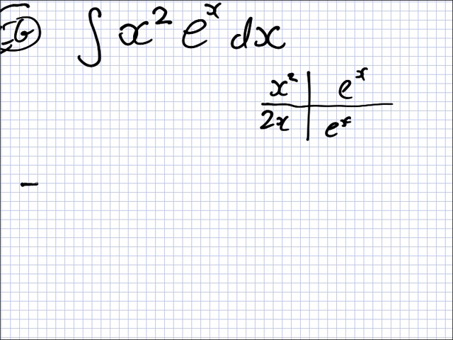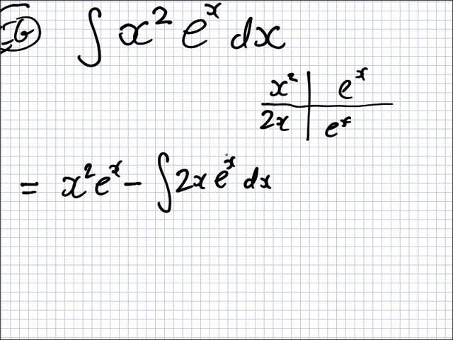Watch. Just watch. So that's fg minus integrate f derivative g. Like that. Yes. But we have, well, let me just take the 2 out. Okay? But now we have to use the rule again. So you have x and e^x.